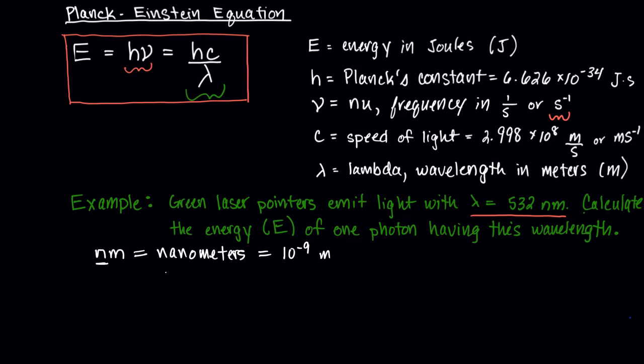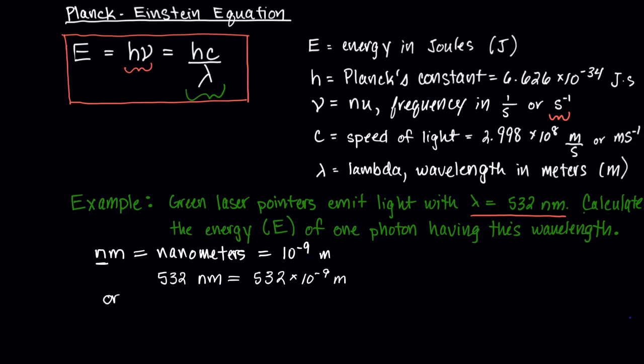You can say 532 nanometers and simply replace the nanometer units with 10 to the minus 9th, so we would have 532 times 10 to the minus 9th meters.